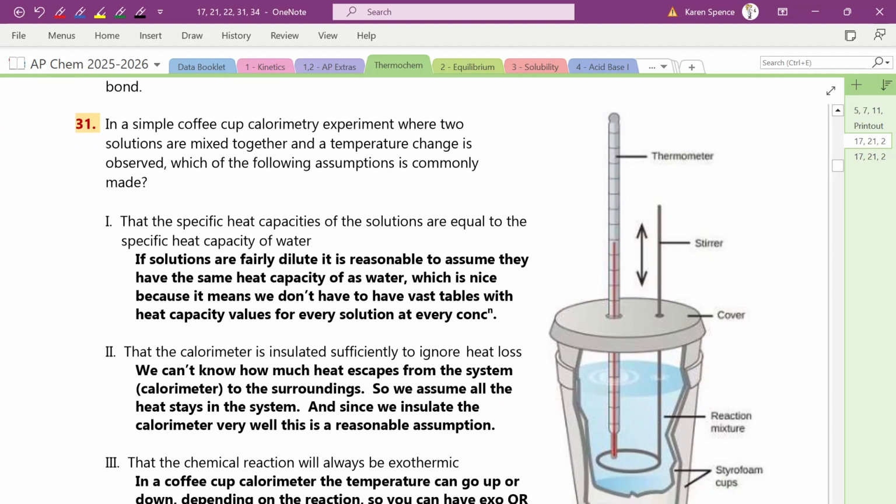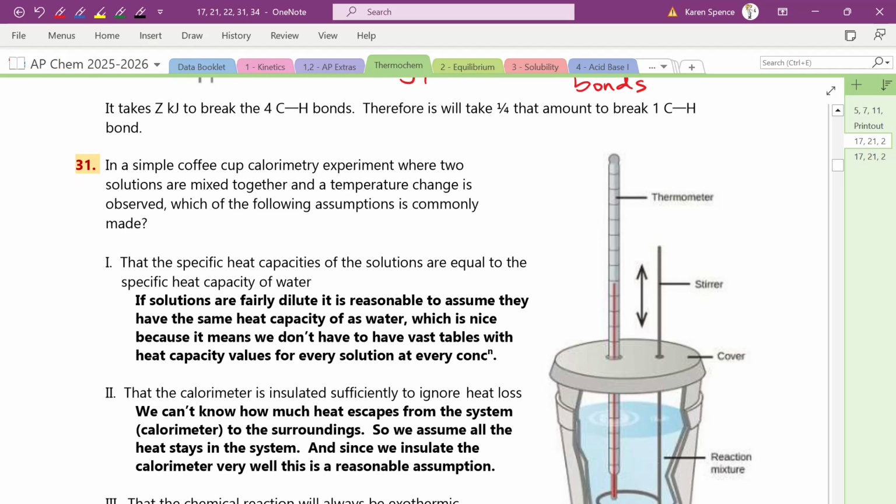So we have this experiment, and it says we mix two solutions together. So we had solution A, and we had solution B. Which of the following assumptions is commonly made? So this is something we would do if we were actually doing a lab in order to make it so that we can just do the calculations easily, okay?